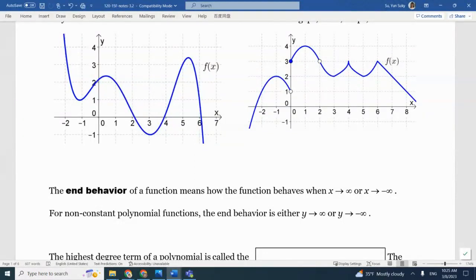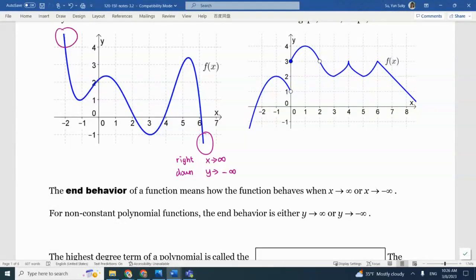This is my left, and this is the right. Look at this picture. Do you see when x goes to infinity, the y goes down? Down means negative infinity. So x goes to the right, the y goes down. That means y goes to minus infinity.